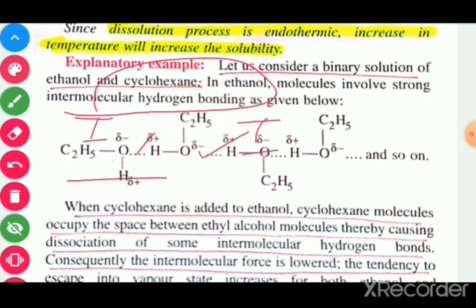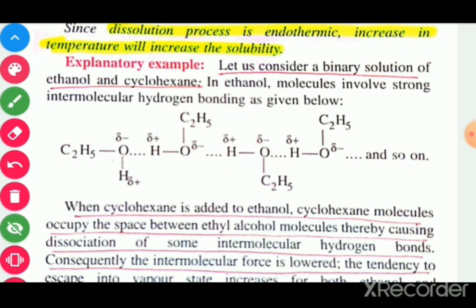But when cyclohexane is added to the ethanol, some of the hydrogen bonds are found to dissociate, that is, break. When cyclohexane is added to ethanol, cyclohexane molecules occupy the space between ethyl alcohol molecules, thereby causing dissociation of some of the intermolecular hydrogen bonds.